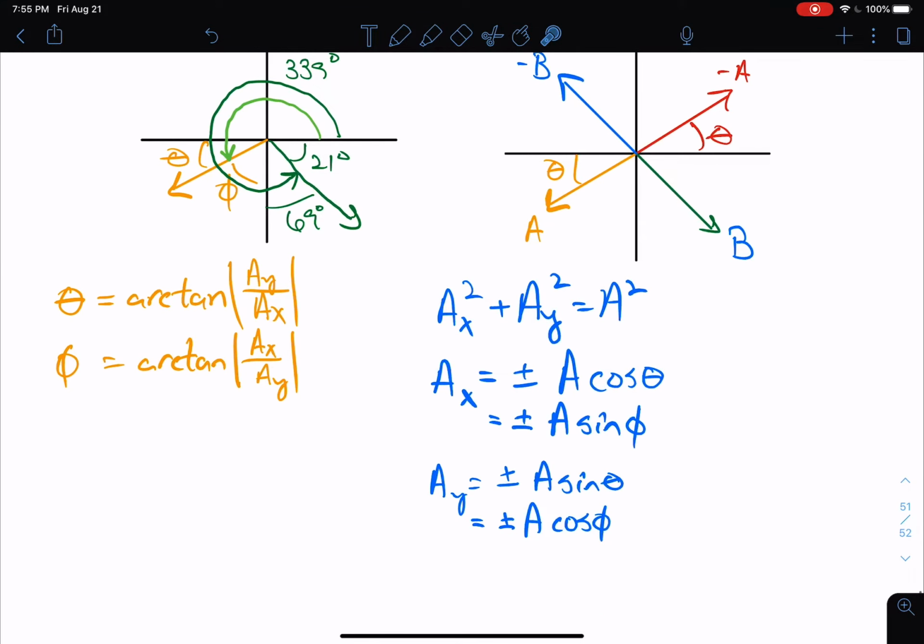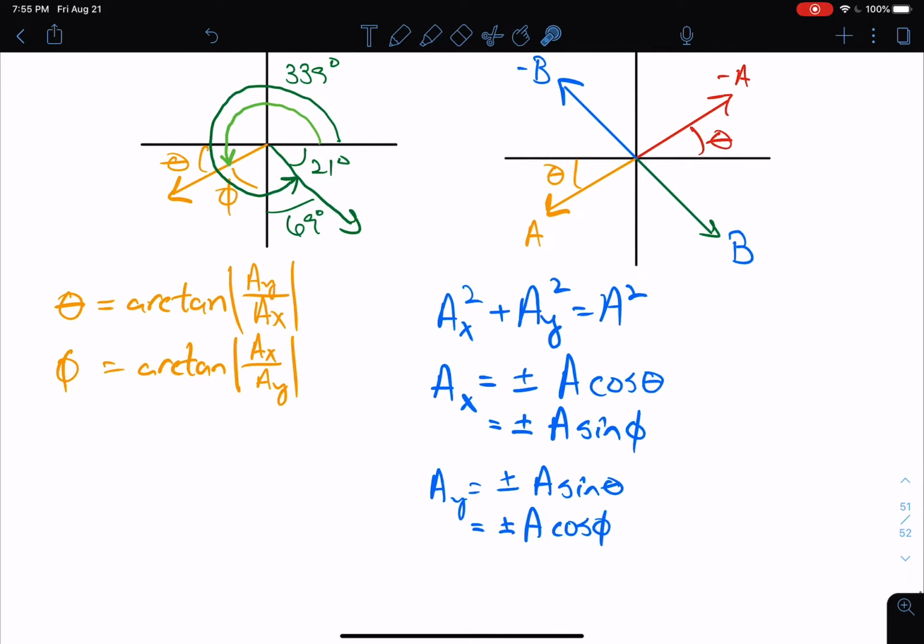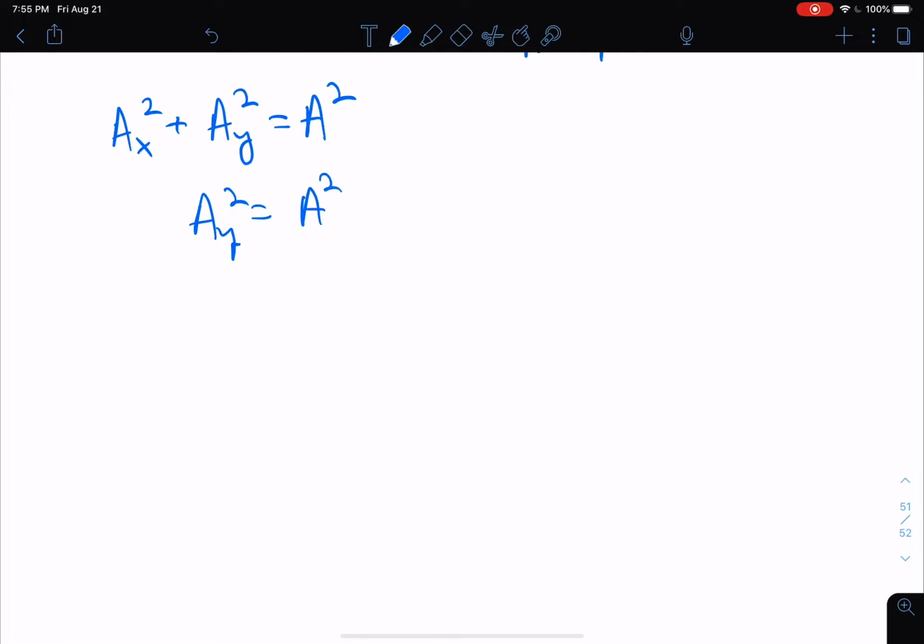So if we come down to the Pythagorean theorem, and let me just do this on a fresh page. So if I were to solve for the y component, that's going to be ay squared equals a squared minus ax squared.